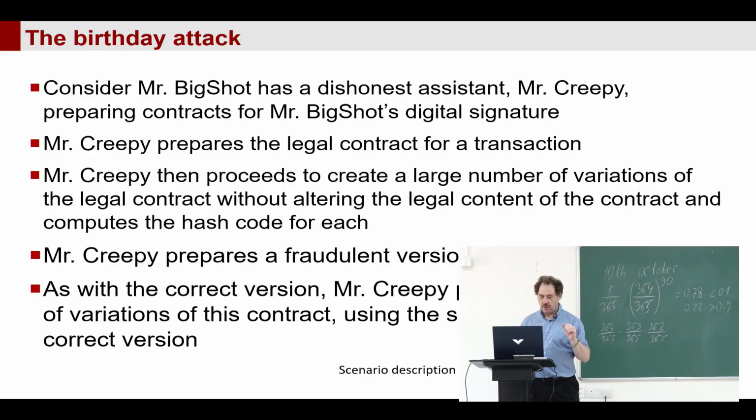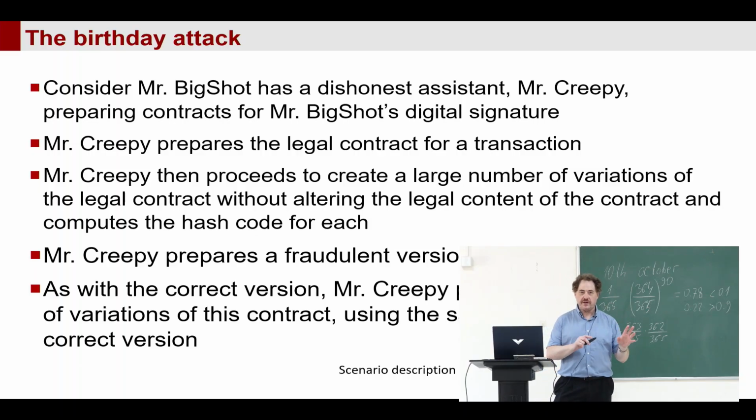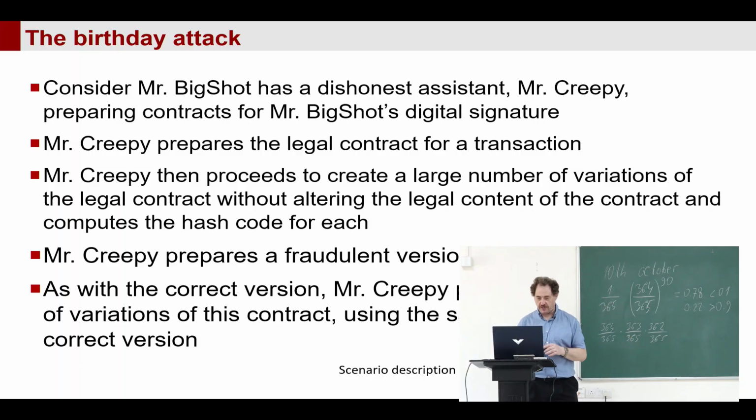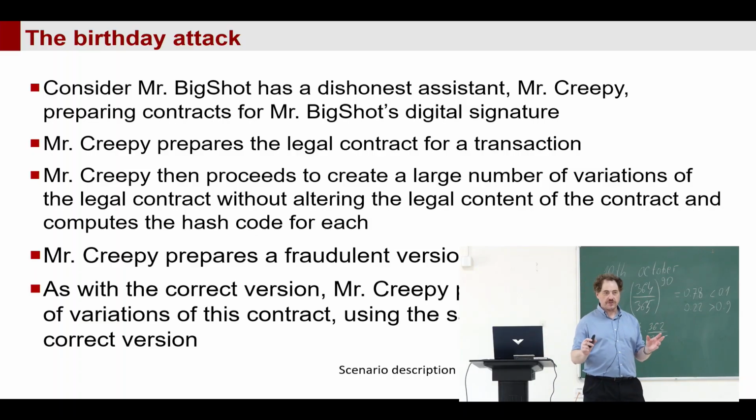Now, Mr. Creepy also prepares a fraudulent version of the contract. And as with the correct version, Mr. Creepy prepares a large number of variations of the fraudulent version of the contract. The fraudulent contract would be, say, exploiting something, doing something illegal. So we have two sets of contracts.